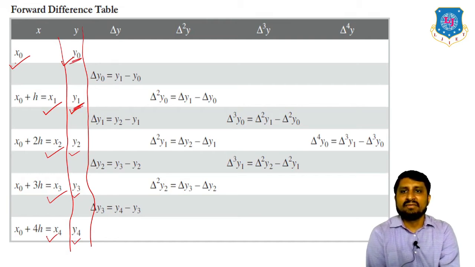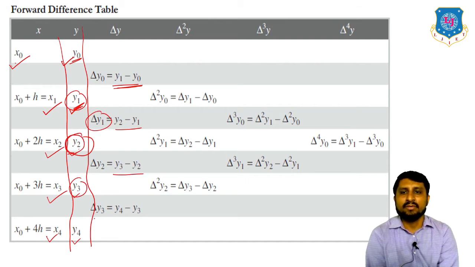Then delta y1 is y2 minus y1; y2 is the below entry and y1 is the above entry. Then delta y2 is y3 minus y2, and delta y3 is y4 minus y3.